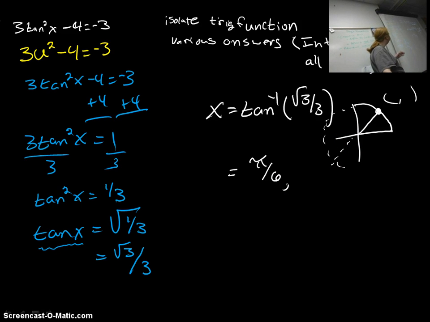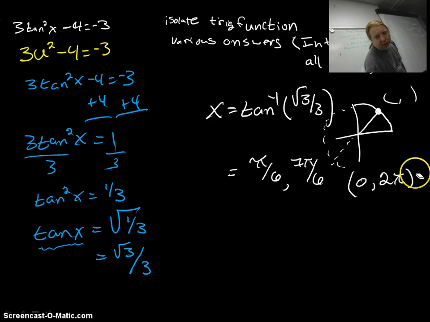That's pi plus a sixth, or 7 pi/6. So if I write that as an answer, I'm providing an answer that's within the interval of 0 to 2 pi. Actually, we usually write it with parentheses and bracket, the other way around.